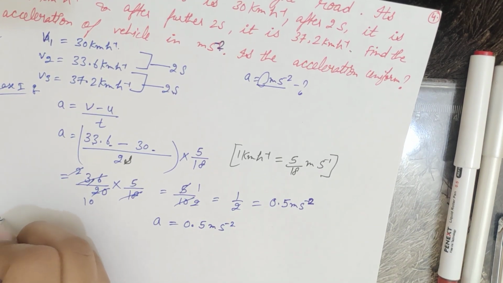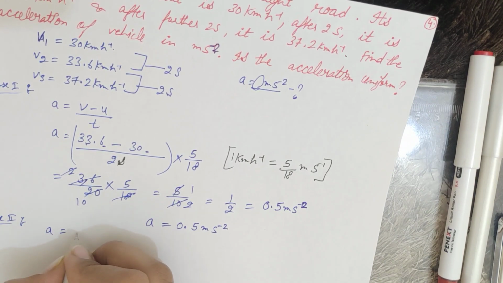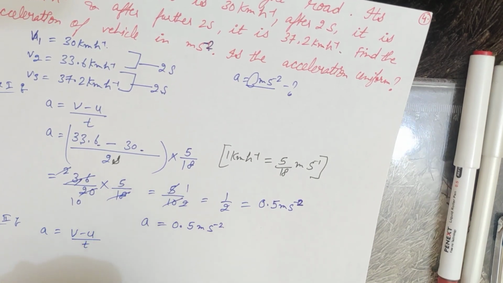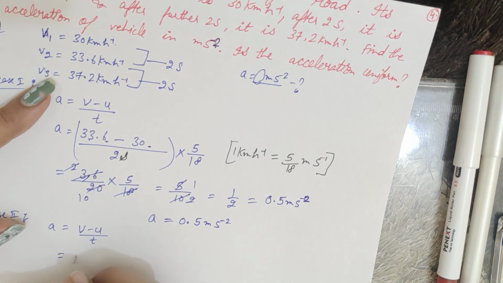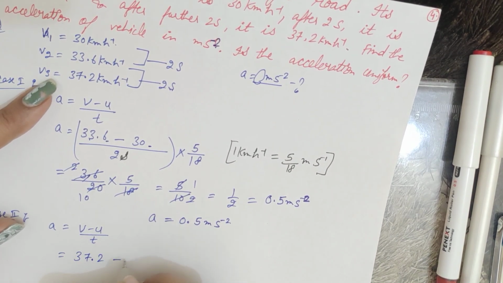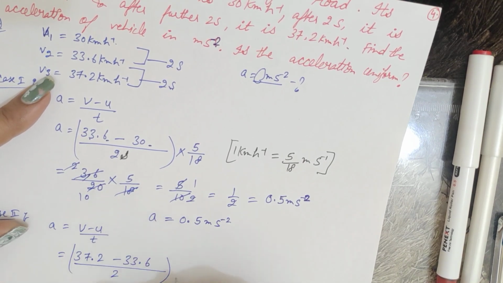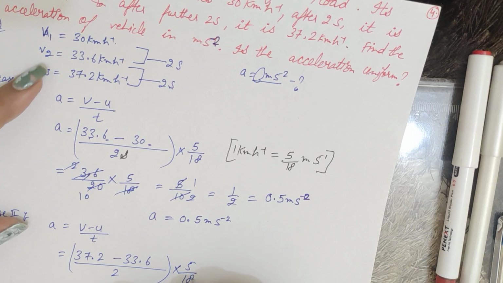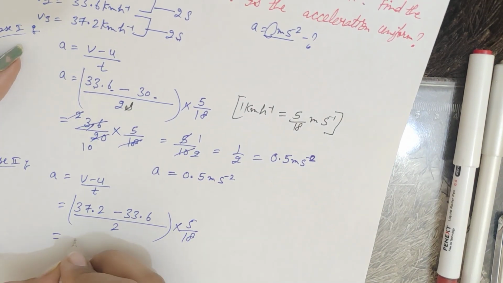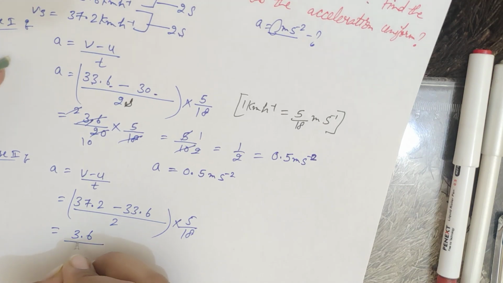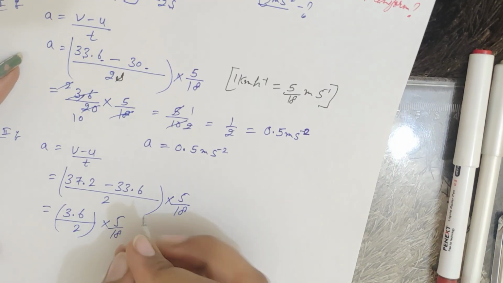Now for the second case, we will use the same formula. A is equal to (V minus U) divided by T. Here the final velocity is the third one, V3, so it is 37.2 minus 33.6 divided by 2 again. And to convert it into meter per second, we multiply it by 5 by 18. After subtracting these two, we get 3.6 into 5 by 18.